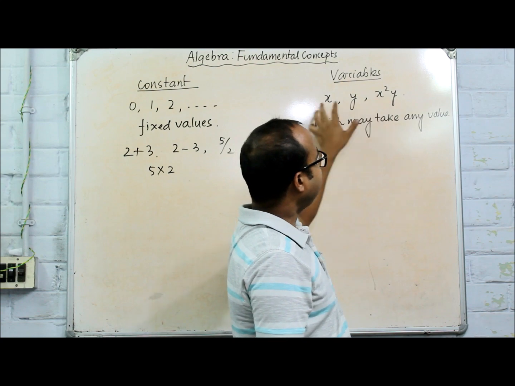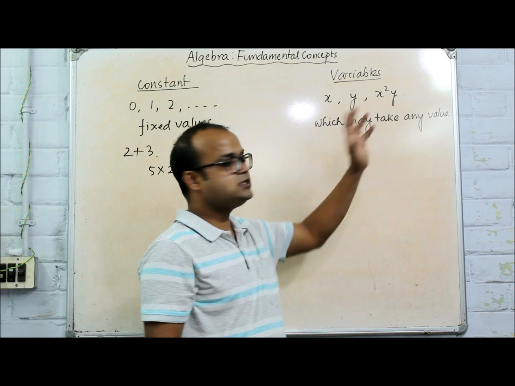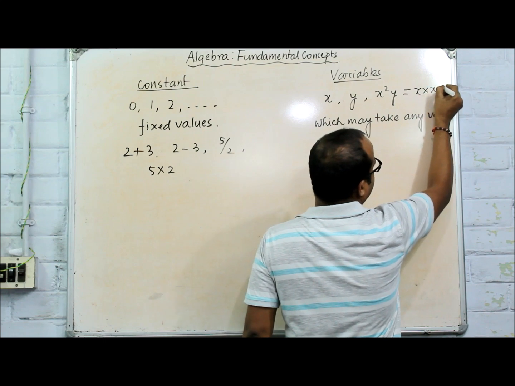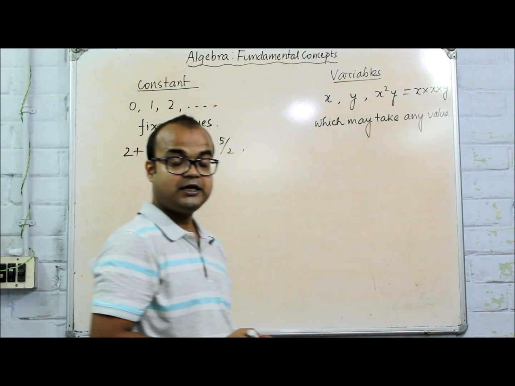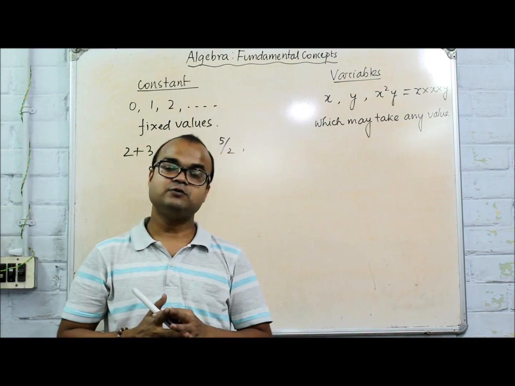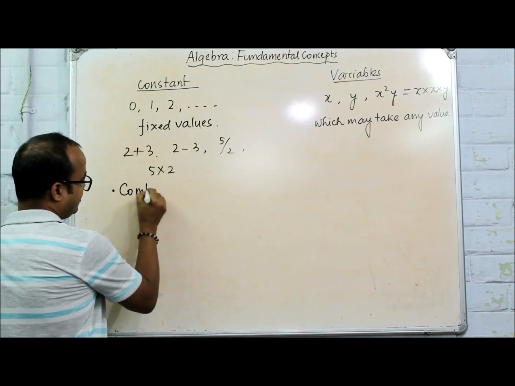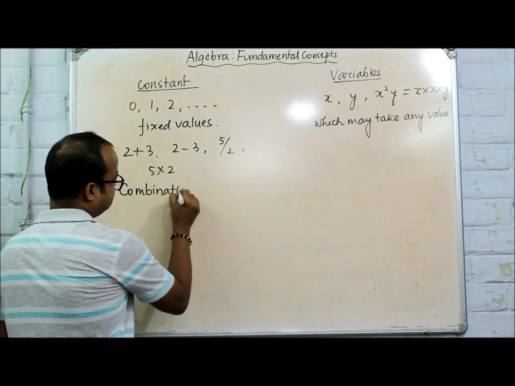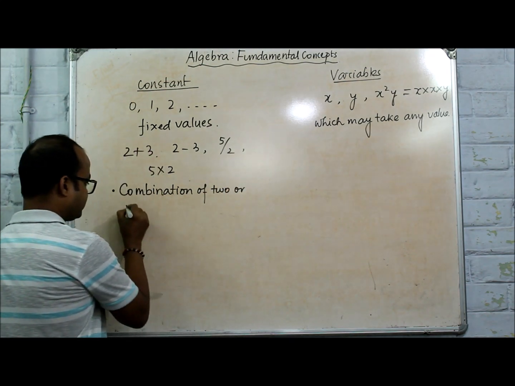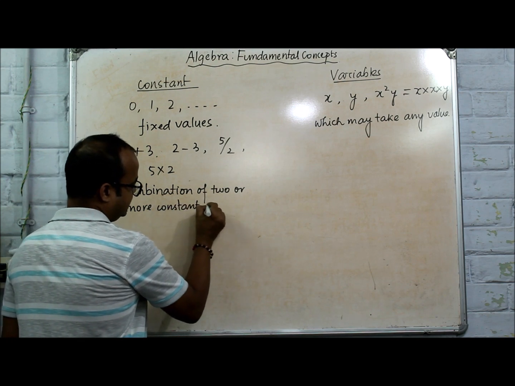x square y, x and y are the variables. Combination x square y means x into y. So we can say that a combination of 2 or more variables is always a variable. So first point, combination of 2 or more constants is a constant.